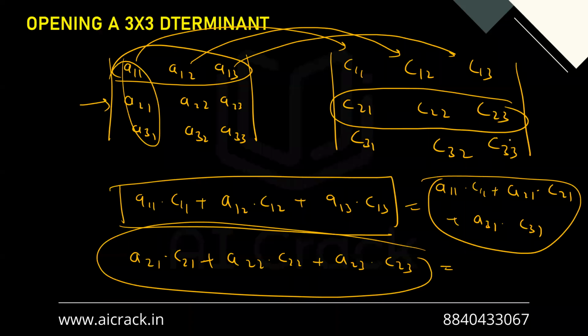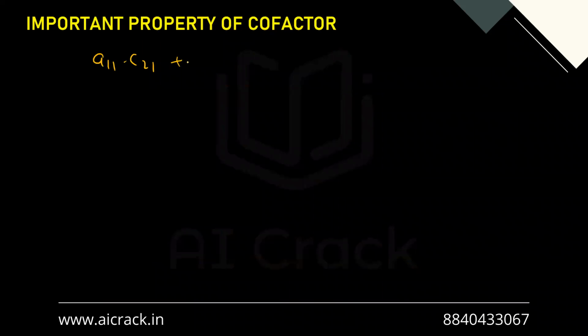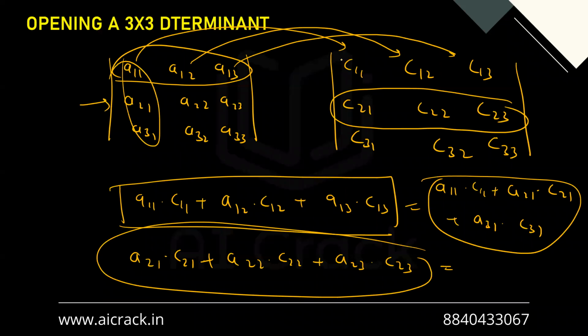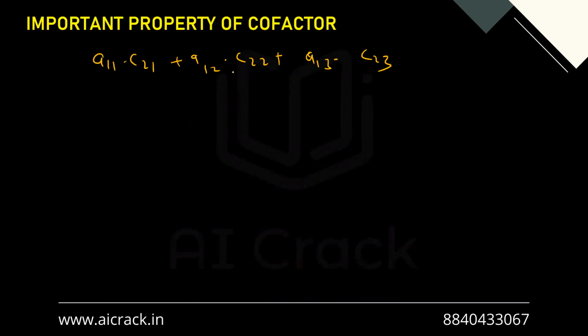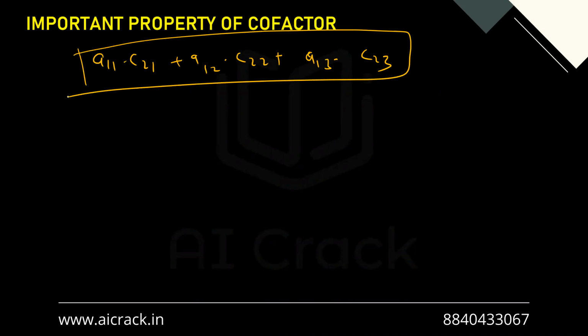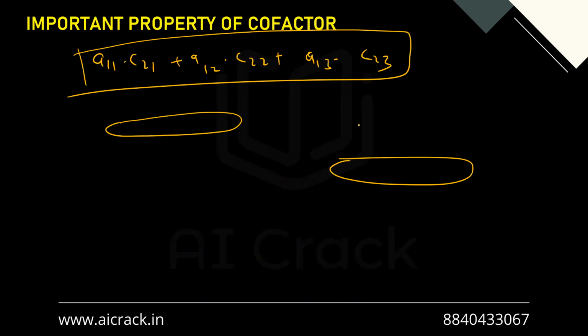So I'm doing A11 dot C21 plus A12 dot C22 plus A13 dot C23. Multiplying one row with a non-corresponding cofactor row, this value would be 0.